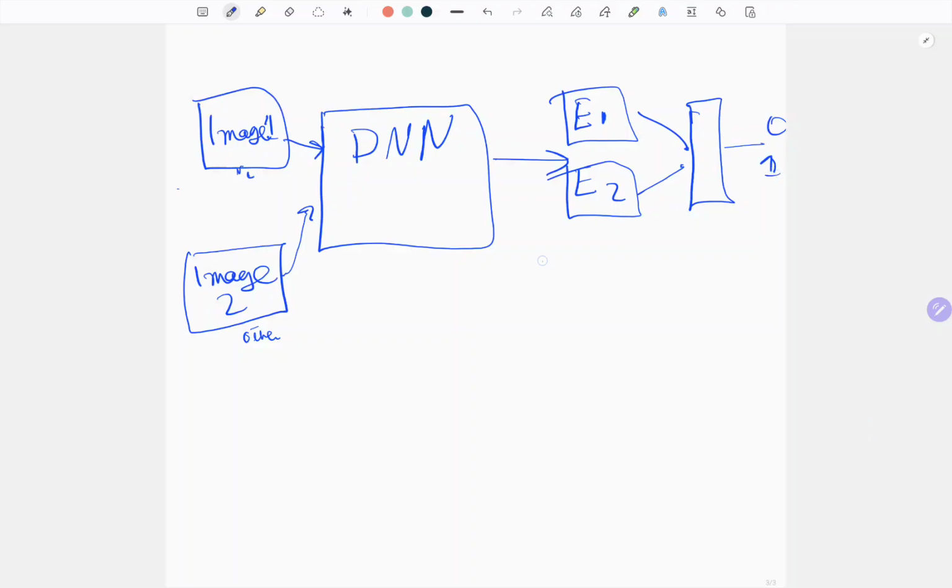This way is called binary classification. So we can train the contrastive loss with this approach.